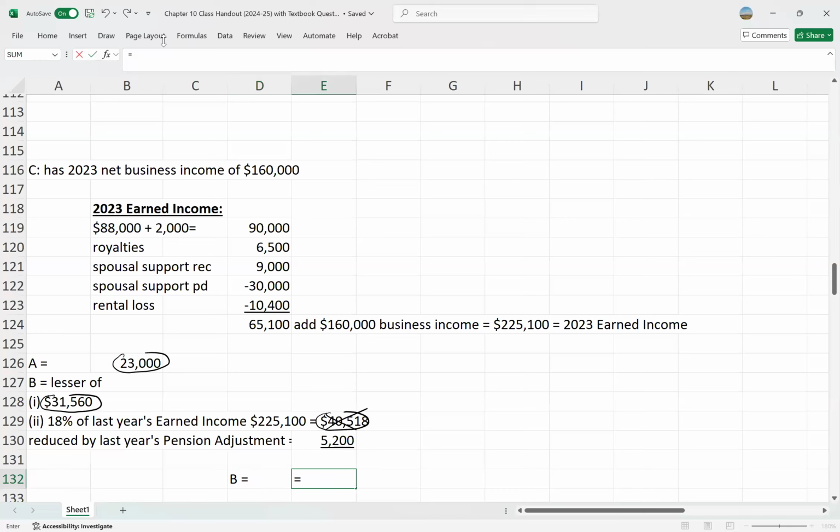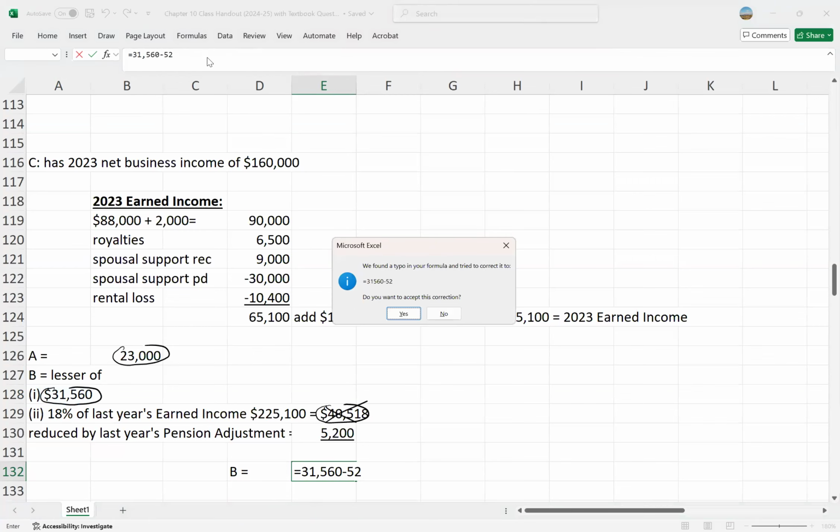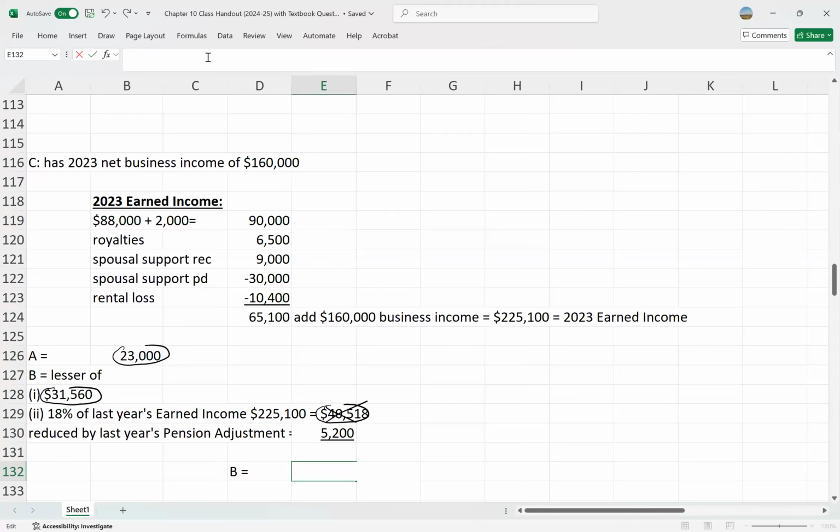will be 31,560 minus 5,200. It's going to be 26,360.